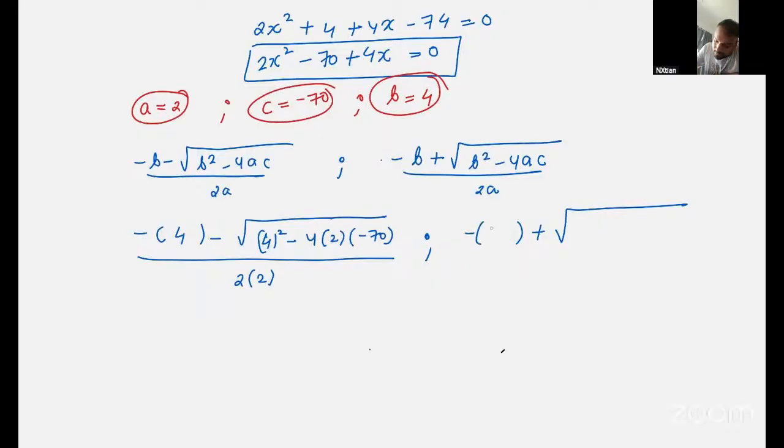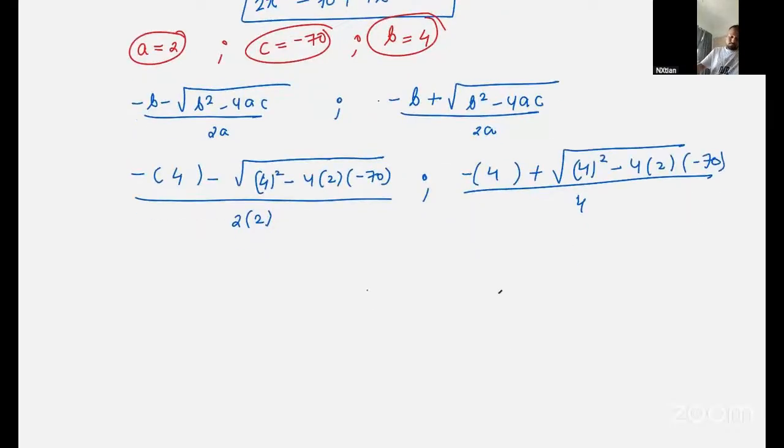So minus 4, root of 4 square minus 4 into 2 into minus 70, upon 2 into 2.